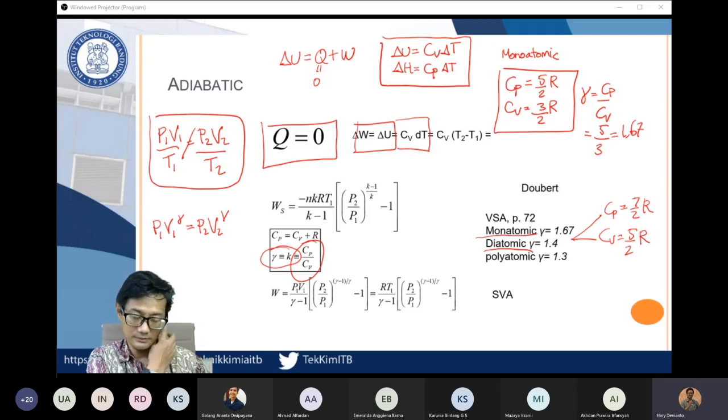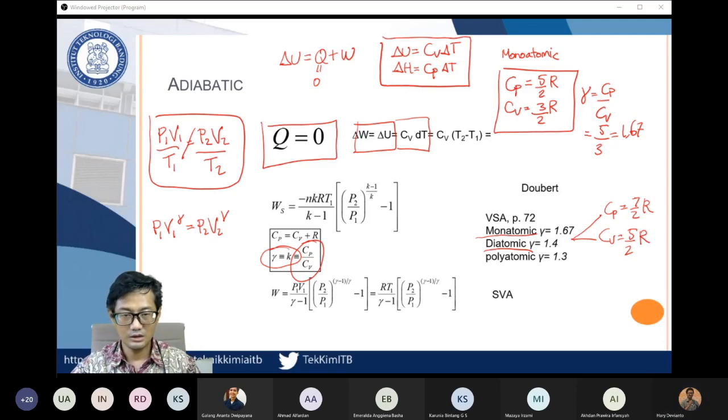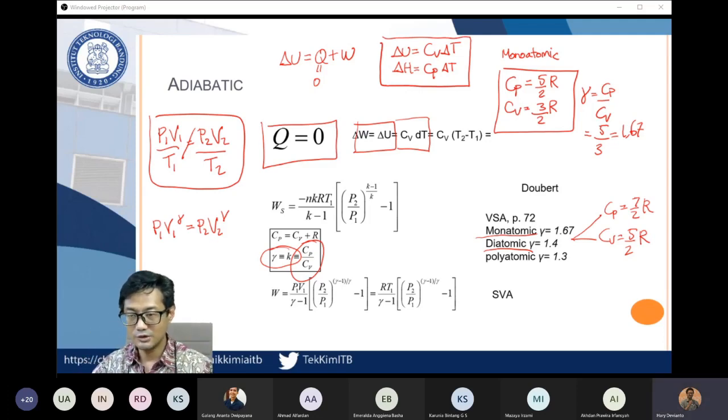Just make sure that in each relation between pressure, volume, and temperature, you need to put gamma as one of the parameters. It can be the power on P, the power on volume, or on temperature. It depends on the condition. Now, you can determine the work based on this formula.